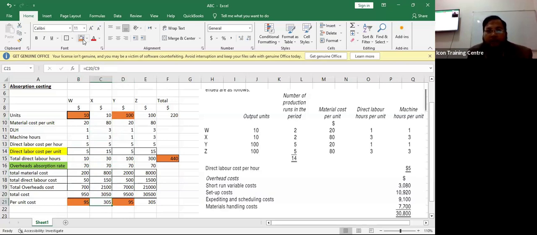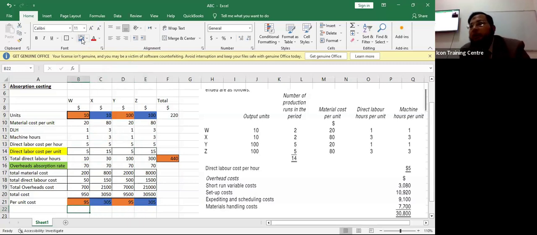But if you look at X and Z, their patterns are the same. If you produce 10 units of X, it is still costing you 305 per unit. And if you are producing 100 units of Z, it is still costing you 305 per unit.